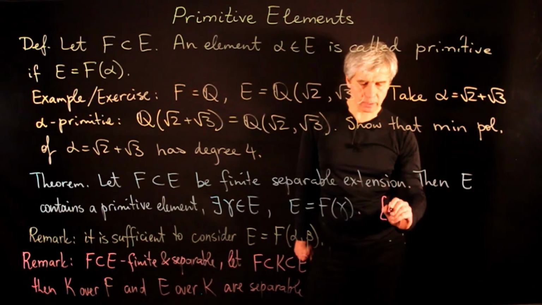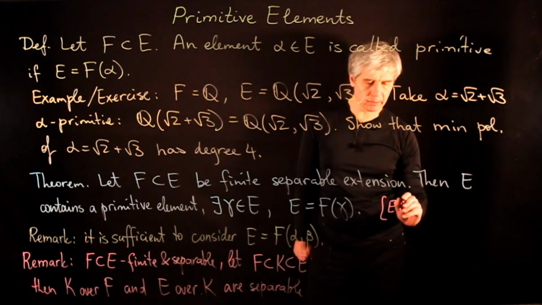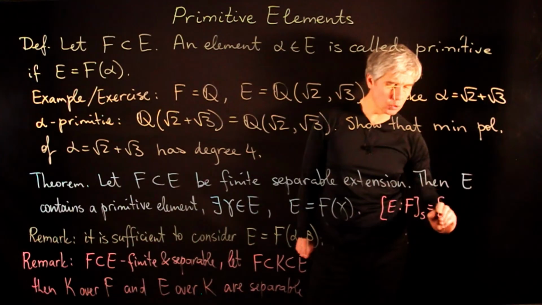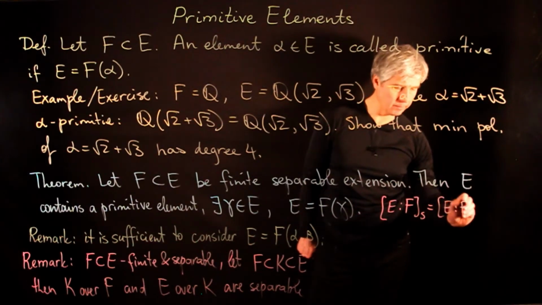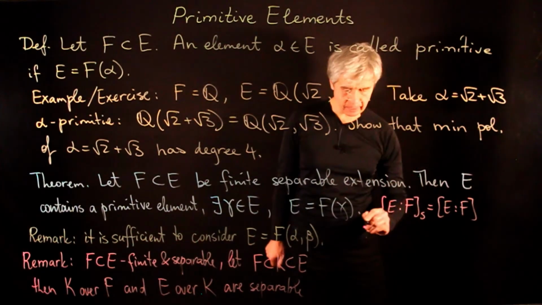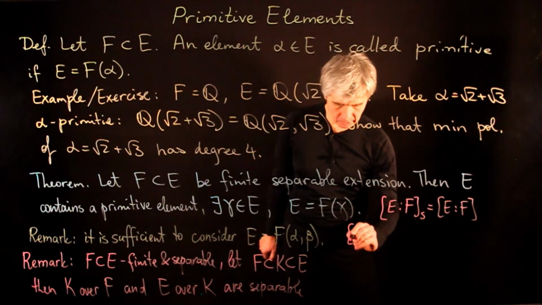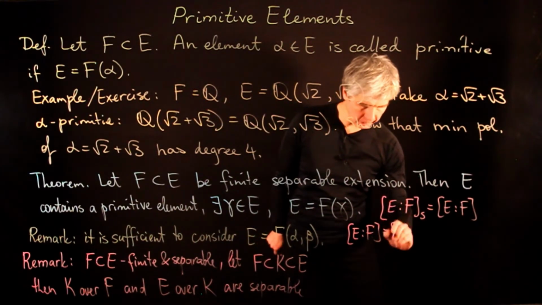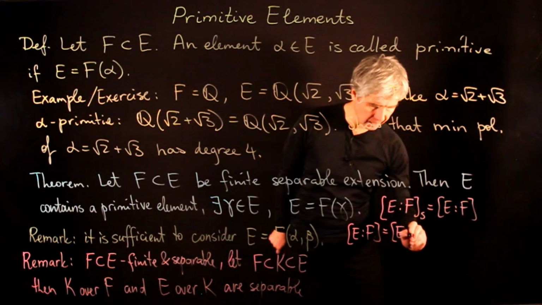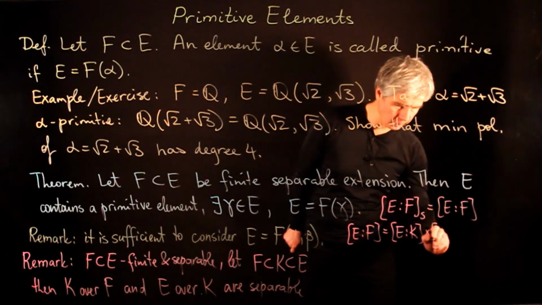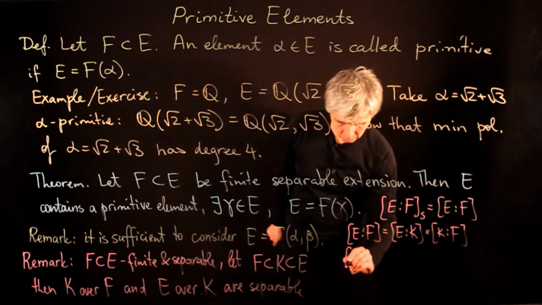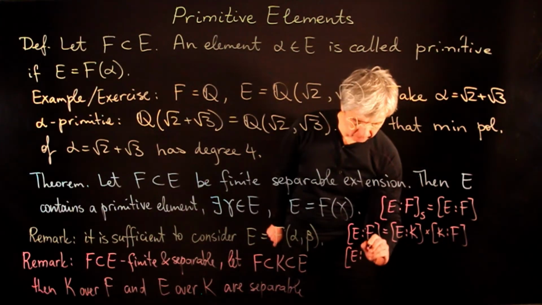Separability of the extension means that the separable degree of E over F is equal to the usual degree of E over F. And both degrees are multiplicative. So this means that the degree of E over F is equal to the product of the degree of E over K times the degree of K over F. And the same is true for separable degree.